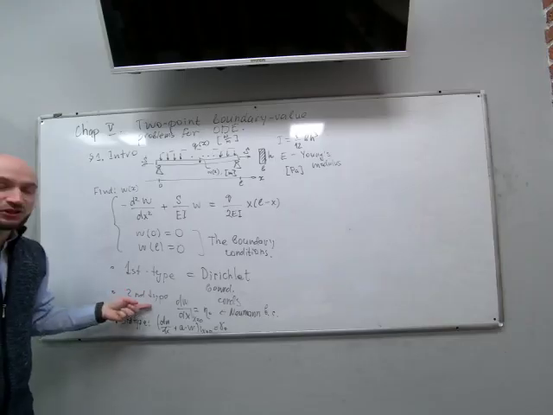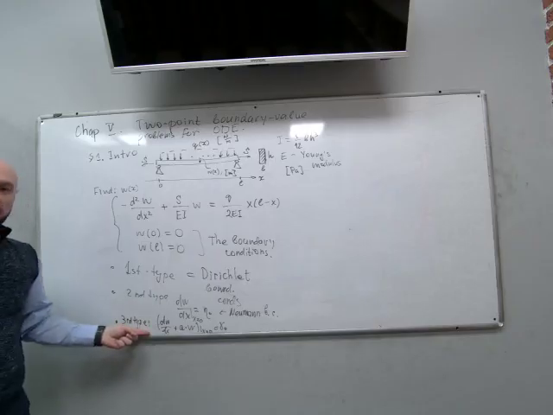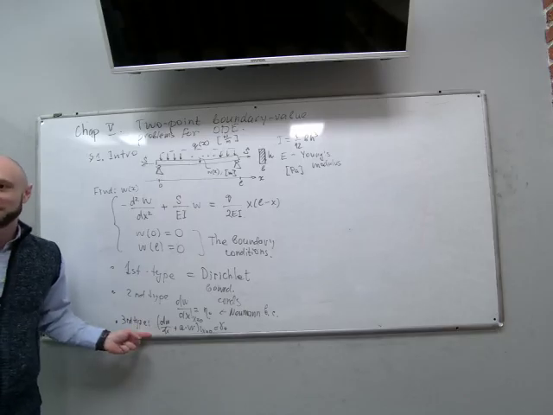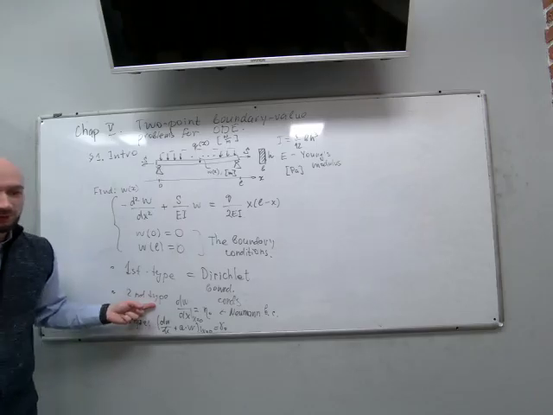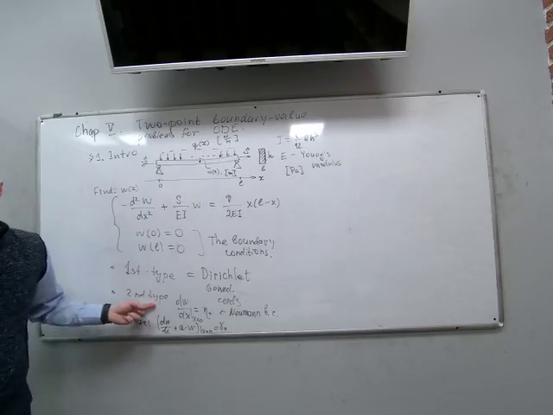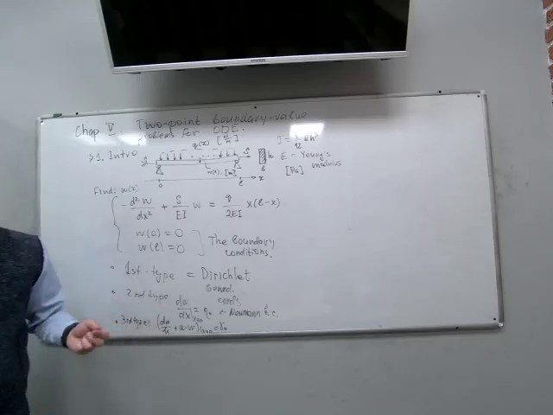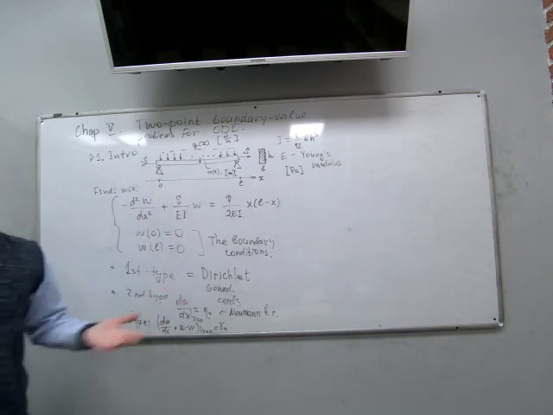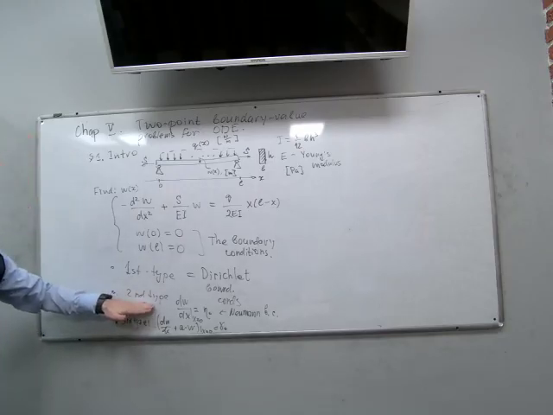And in such a case, if you do not define at least this or this condition at least on one end, then you will have a problem with convergence at least. And mathematically speaking, you will have a problem with existence and uniqueness of your solution. The solution may be non-unique. Many different positions of your beam in space will define the right solution. That's why this type of condition is typically defined only on one end.